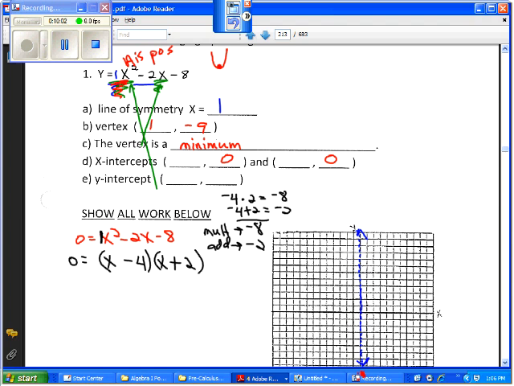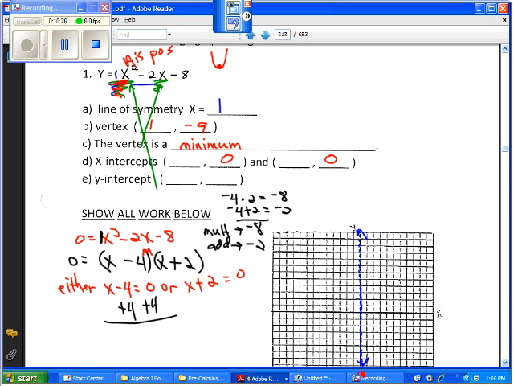Now, if these two things multiply to give you 0, then we could say that either x minus 4 equals 0 or x plus 2 equals 0. Okay? And then we solve each one.